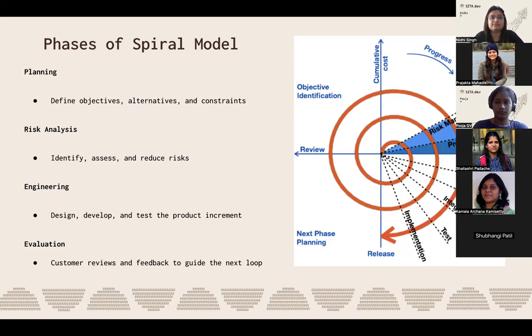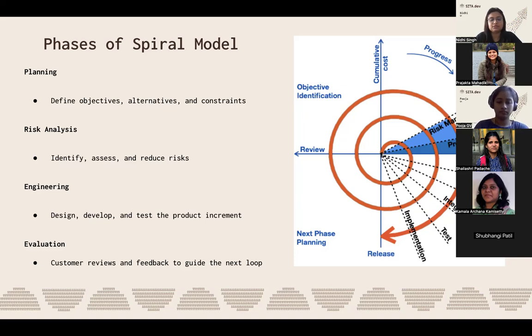We have to analyze how to mitigate the risk if there is any, so we have to find solutions to mitigate those risks. Then the product is designed, developed, and tested. All this is done in the engineering phase, and then evaluation is done. The software is released for customer review and feedback in order to get better.